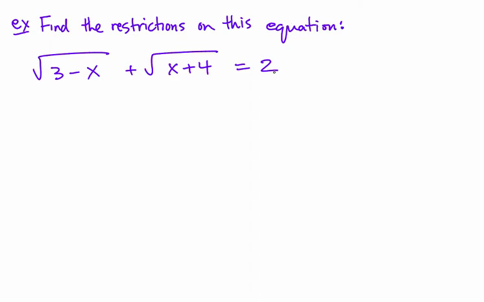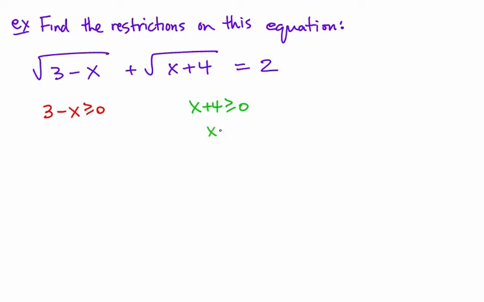What I want to know is still what sorts of numbers am I allowed to put in here, and what is not allowed. So again, and I'll color code this part here, inside here has to be bigger than or equal to 0, and inside here has to be bigger than or equal to 0, and I solve them.